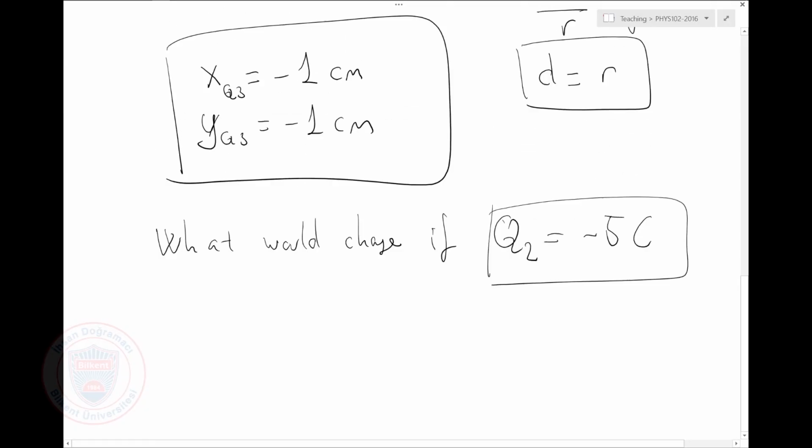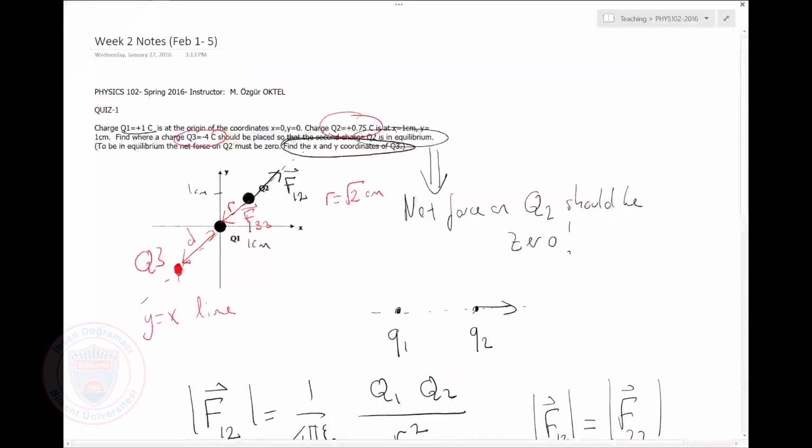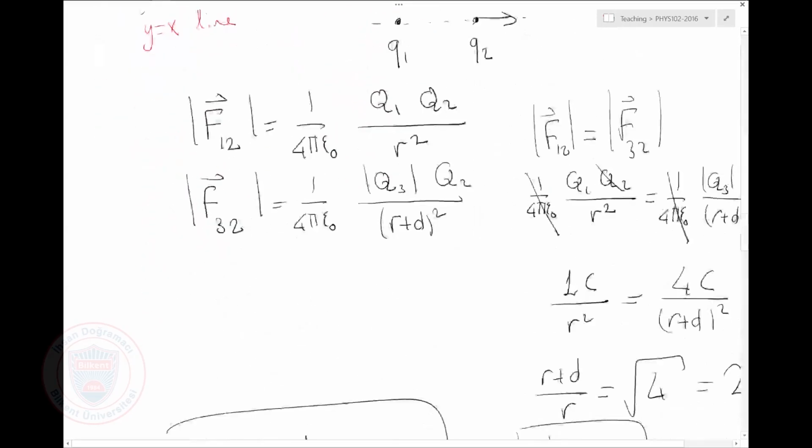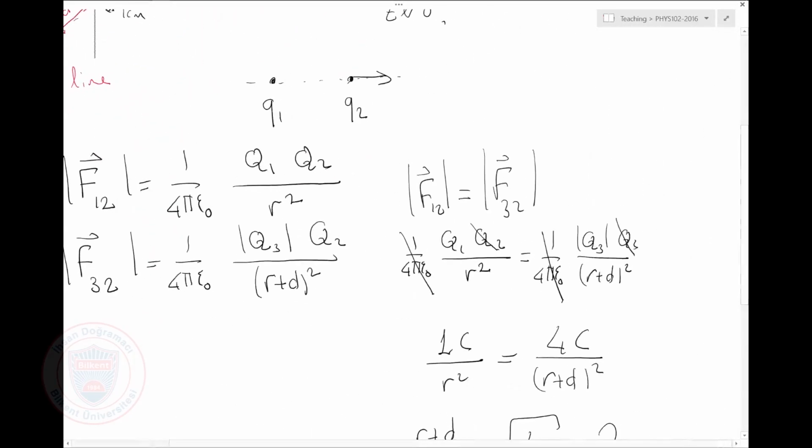I'm going to go through the same problem with Q2 equals minus 5 coulombs. Would anything change in my solution? Nothing will change. Why? Because whenever I actually talk about these two forces being equivalent, Q2 cancels. It doesn't matter whether it's negative, whether it's positive, whether it's 5 coulombs, 1000 coulombs, or 0.1 coulombs.